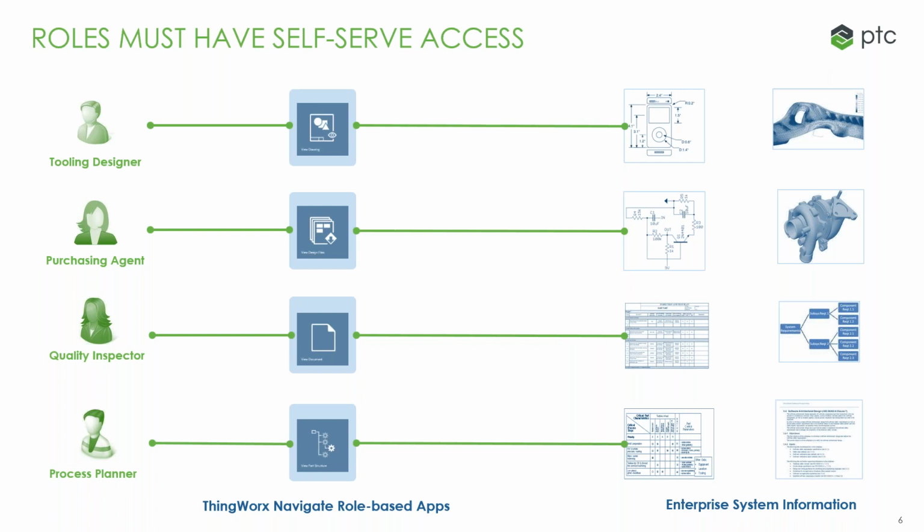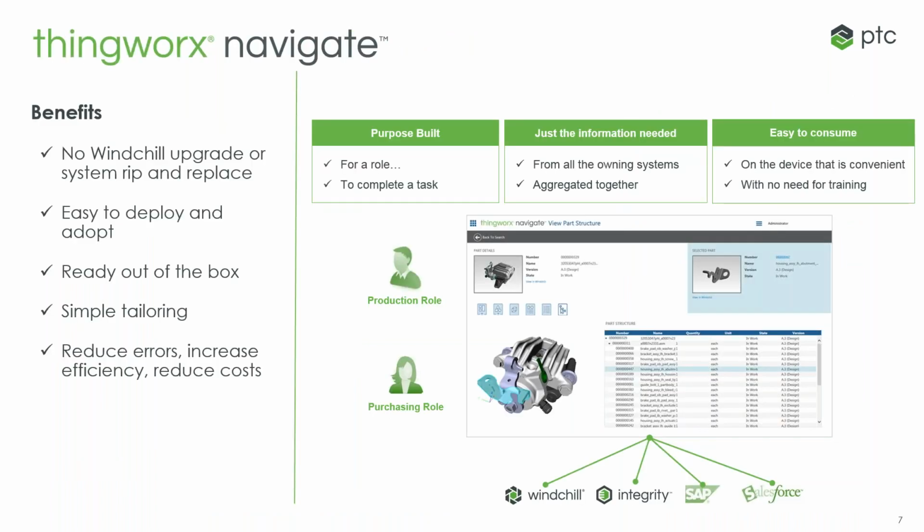Some people might want to look at bill of material information, parts lists. Some might want to just download PDFs, neutral files of CAD, like step files, just to get the information locked in that system, but not anything more detailed. So they need a really simple interface, and this is what Thingworx Navigate aims to provide.